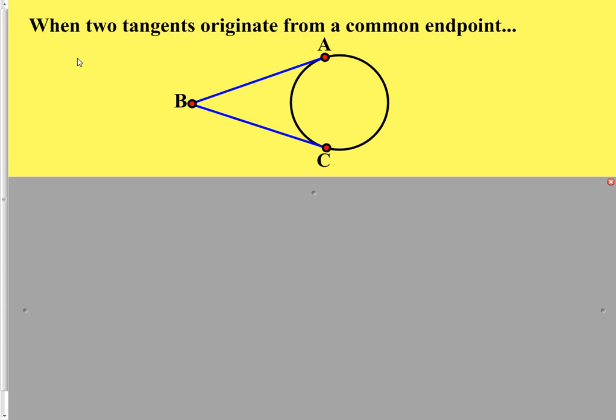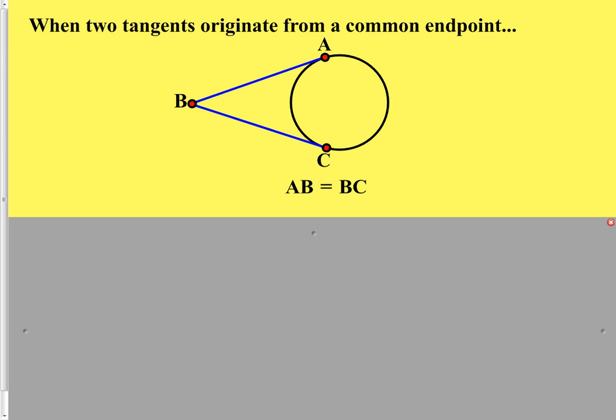They originate from a common endpoint B, and the rule says that if 2 tangents come from a common endpoint, then the lengths of those tangents are congruent. That one should be familiar to you, but go ahead and copy it down again anyway, just to make sure that we got it.